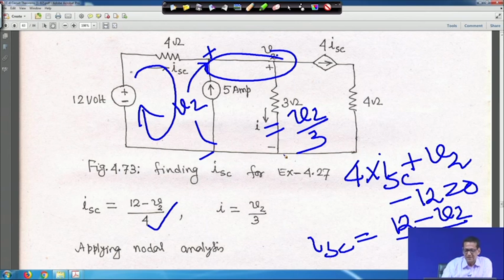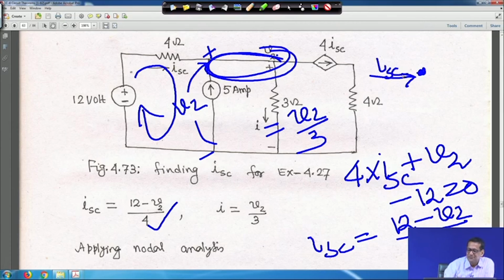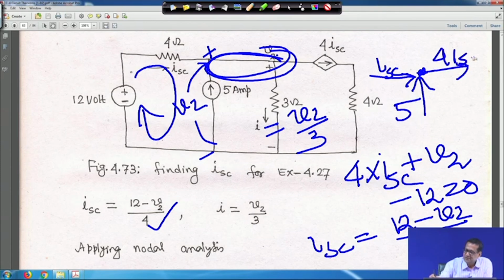Now, with this you apply KCL at the common node. For your understanding, suppose this is the node, this current is coming. We have taken ISC in this direction, so current is entering here, this is ISC, 5 ampere is also entering here, and 4 ISC is leaving this node, and this I is also leaving, I is equal to V2 by 3.